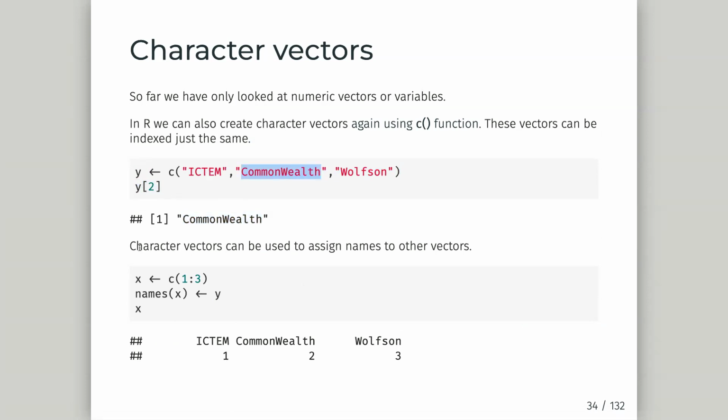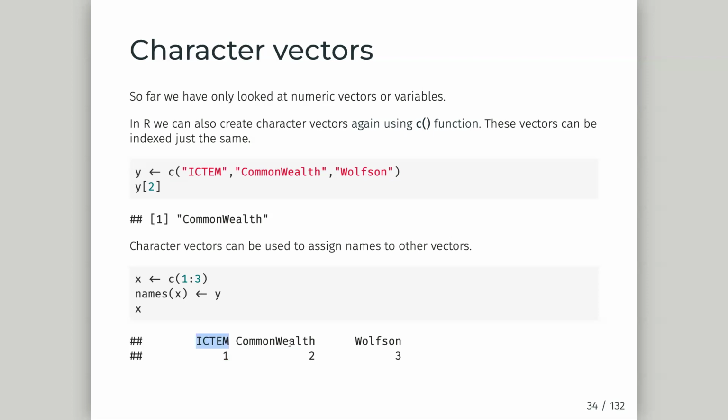Great. We can also, really usefully with character vectors, use these to assign names to other vectors. So here I'm going to create a numeric vector 1 to 3 in a really weird way, where I'm both combining and also doing a shortcut. I'm not sure why I did that. So that's going to create 1 to 3, and then I want to assign some names to it. I'm going to assign a character vector of the same length: ictem, Commonwealth, Wolfson. And now I have the same vector, but it's displayed differently, right?